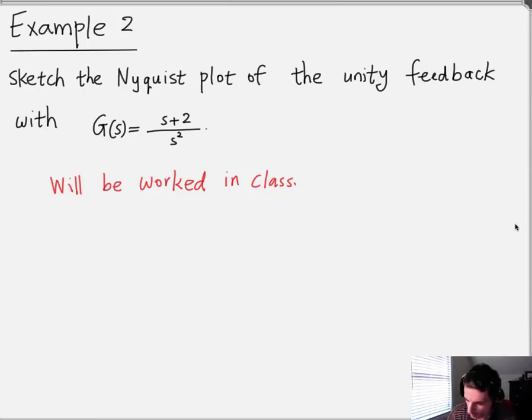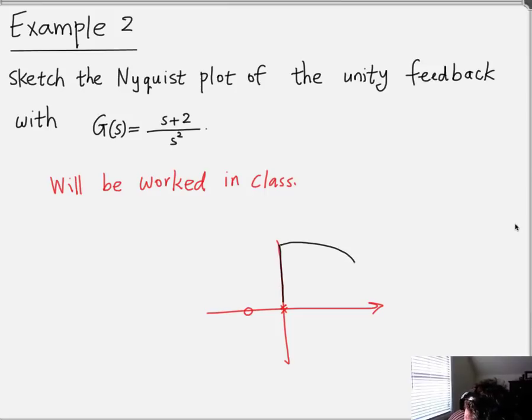In this case, I have two poles. If I draw the configuration, I'm going to have 2 poles here and 1 zero at negative 2 here. When I decide on my contour A, it is going to be like this.